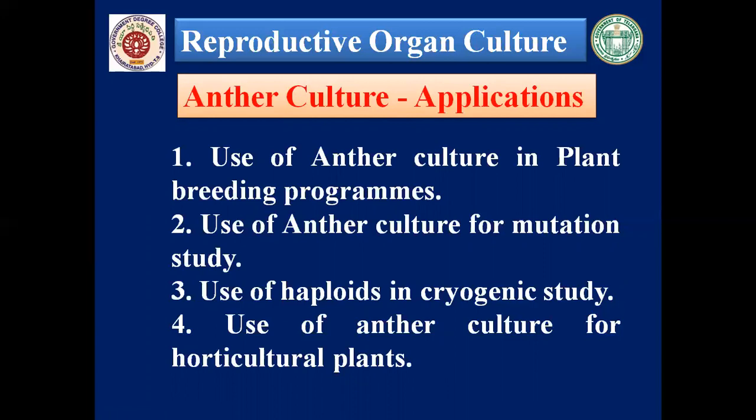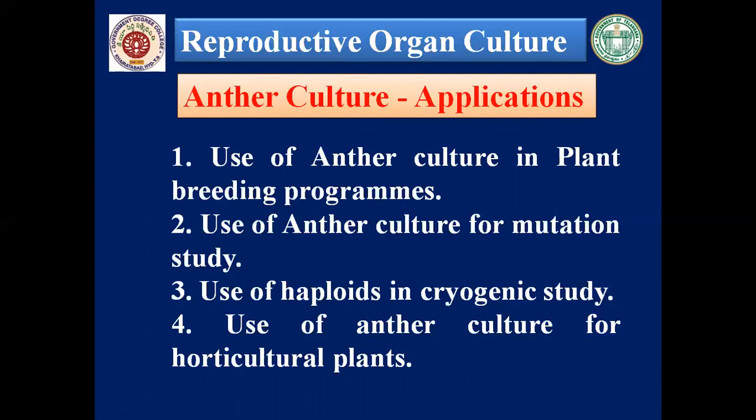Now another one: the success of any crop improvement depends on the extent of genetic variability in the base population. In this regard, through anther culture not only haploids but also plants of various ploidy levels and mutant plants can be regenerated. So it is a rich source of genetic variability.